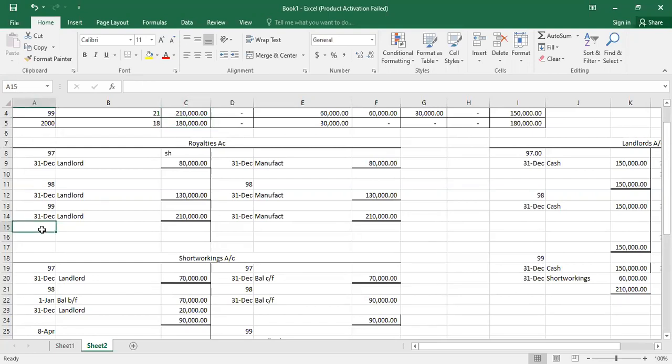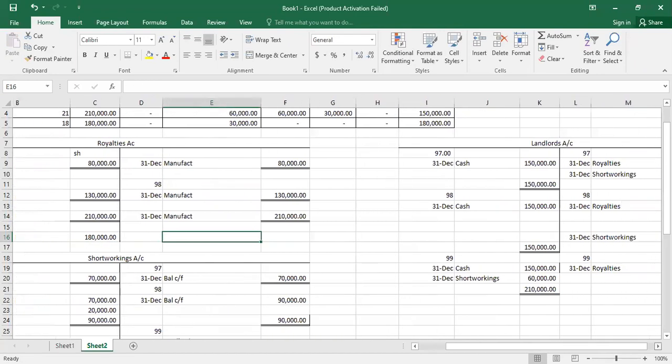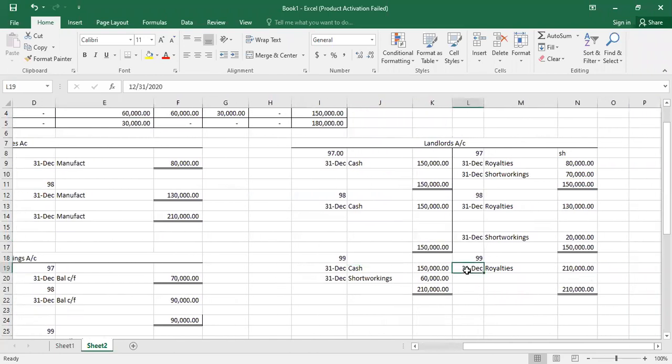So in the year 2000, I debit the royalties account with 180 and I credit the landlord's account. So there we are. The year is 2000.